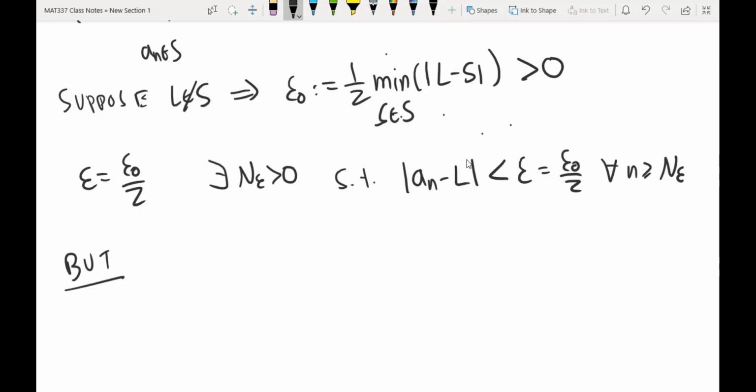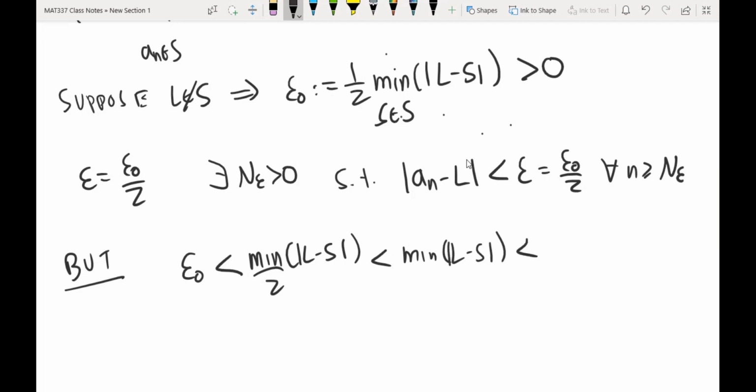But we have epsilon naught is a lower bound for the min of L minus S. So it's less than the min of L minus S, so it's less than AN minus L, which is less than epsilon naught over 2.